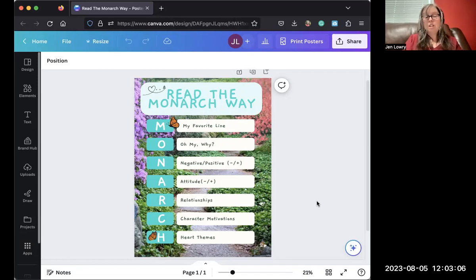Now, character motivations is key. So yes, we do need to understand about self and others and that interaction with the relationships, but you always have to find out why. Remember, I told you why is the most important question to ask? Why is a character doing what they're doing? What motivates them? What is propelling them through this plot?